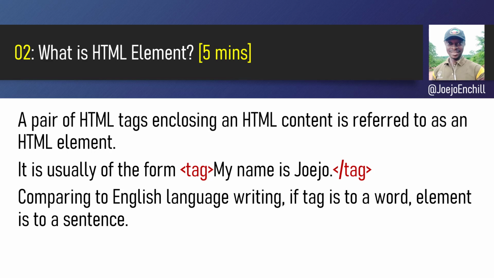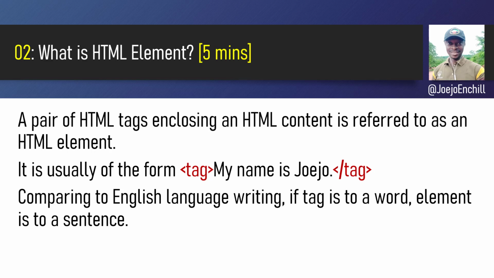So, comparing to English language writing, we can say that a tag is equal to a word, and then an element is equal to a sentence. With that understanding, we can conclude that a tag is the basic building block of an HTML document, whereas an element is the smallest meaningful part of an HTML document.